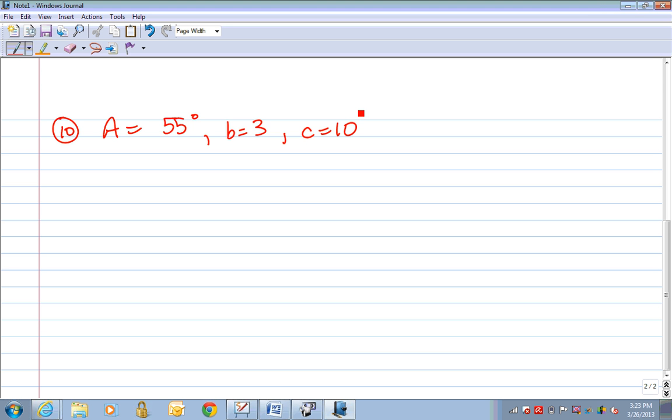Now this one, because we have the angle, I'm going to use the formula where I have the angle A in it on the right side. So that's the one that says A squared equals B squared plus C squared minus 2BC cosine A. So by plugging that in, I see I have, sorry again, the A squared is what I was looking to find.